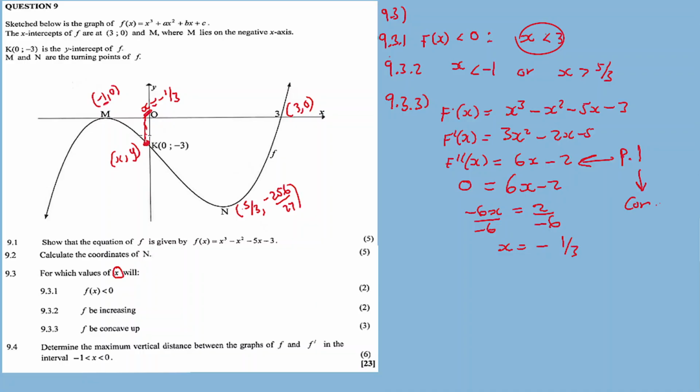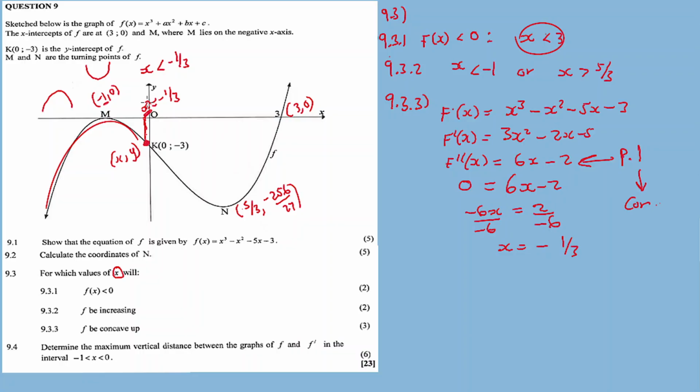Now somewhere here. So this is concave down, and we get concave down whenever x is less than -1/3. And then concave up, we get concave up beyond x equal to -1/3.